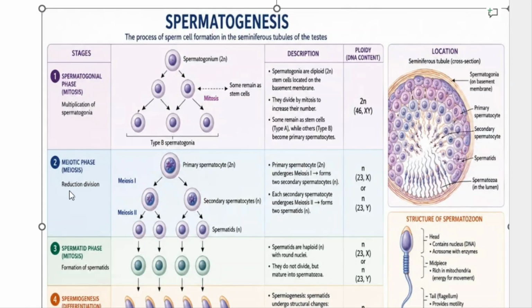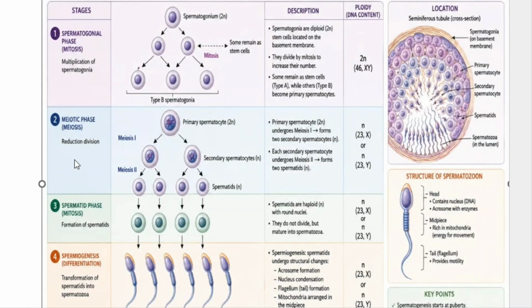For step 2, the primary spermatocyte is also diploid, 2n. It undergoes meiosis 1 to produce 2 secondary spermatocytes, each containing 23 chromosomes.